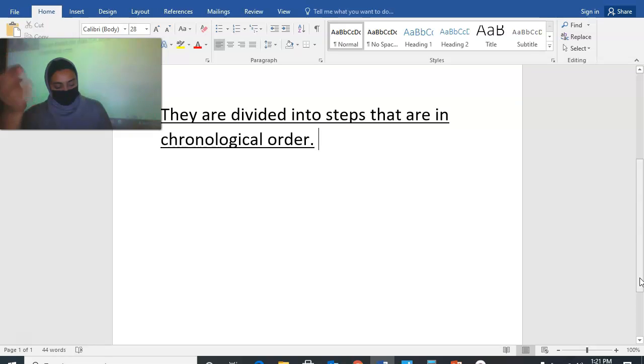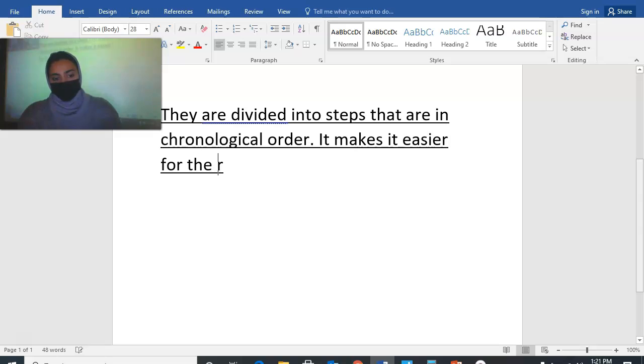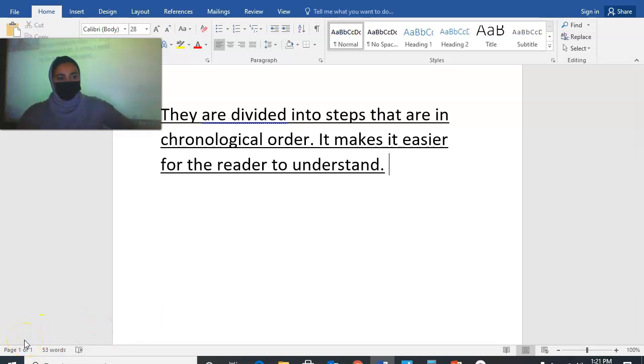Why did they make it this way? Because it's easier for us to read, right? It's easier for us to understand what you have to do first and then next, last. It makes it easier for the reader to understand. Okay? So you're going to write this down for the second answer. If you need some time, you can pause the video now.